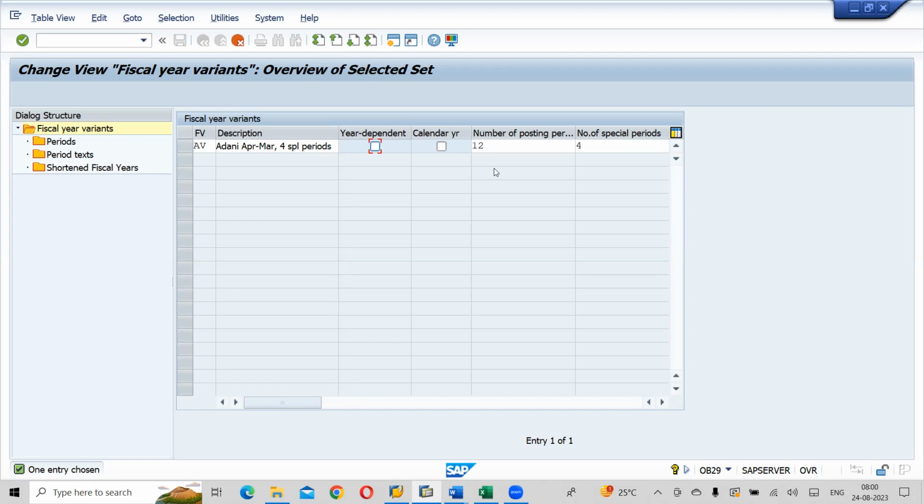Is this clear? Do we need to select year? No, not required. Is calendar year required? No, it's not a calendar year. Just write this down.